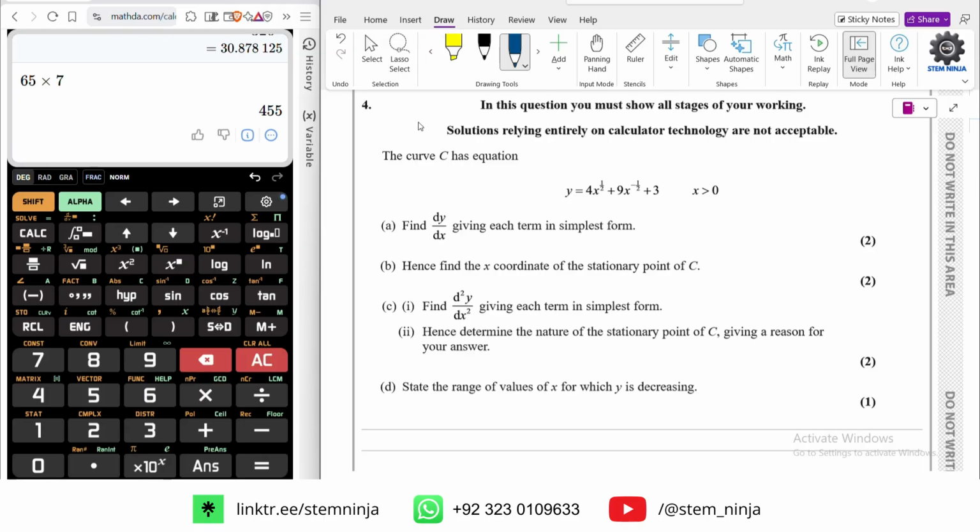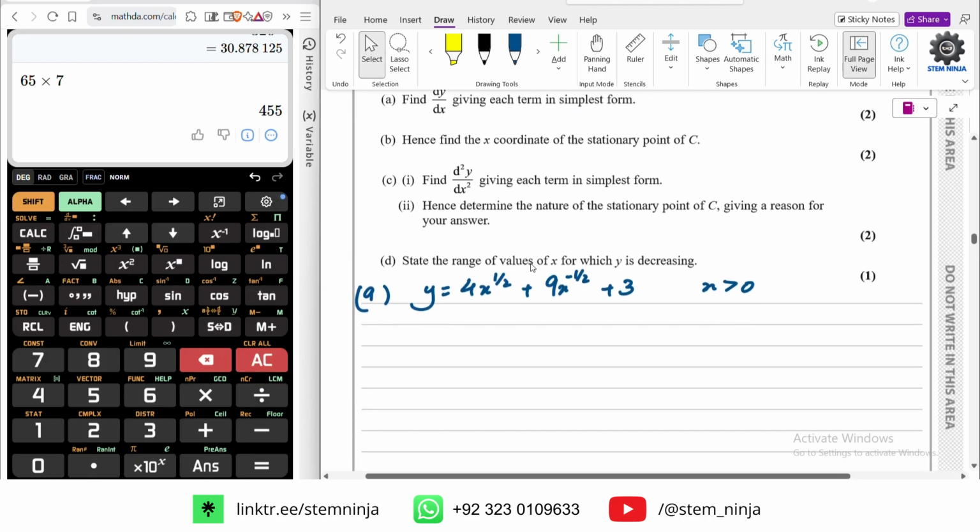Question number 4. The curve C has equation y is equal to this. Find dy by dx giving each term in the simplest form. So we have y equals 4x to the half plus 9x to the minus half plus 3, x greater than 0. Okay, so first we do the dy by dx.